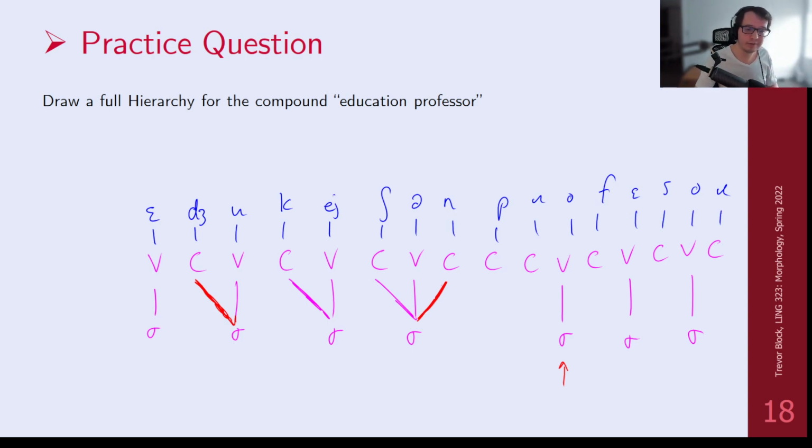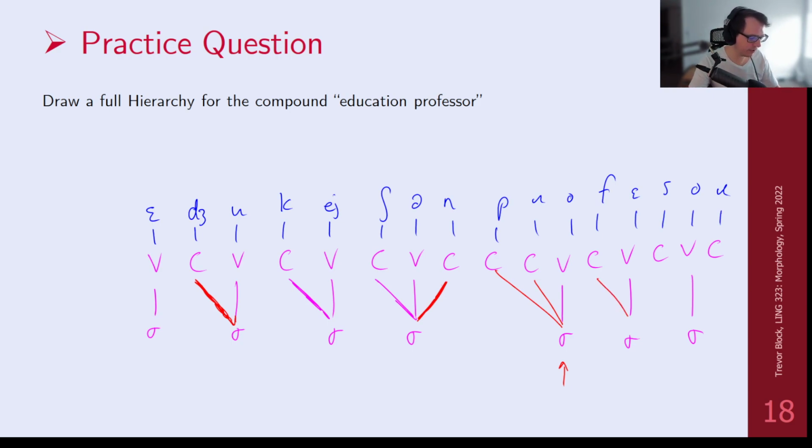It's going to be in the previous one. What about this next one? Professor. We have pr. Can we start a word with pr? Yeah, price, professor. So both of these consonants can be in that syllable. Let me just line up a little bit nicer. Okay, then we can do the rest for the next.